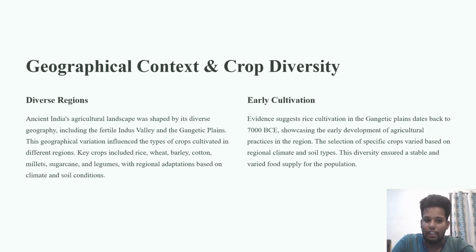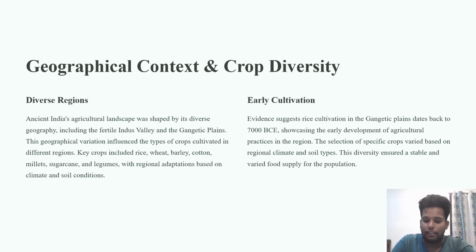The geographical context and crop diversity. Diverse regions: the ancient Indian agriculture landscape was shaped by its diverse geography, including the fertile Indus Valley and Gangetic plains. This geographical variation influenced the types of crops cultivated in the region.